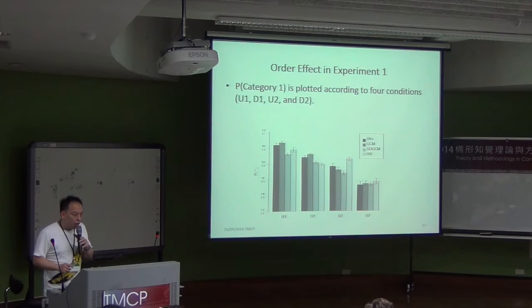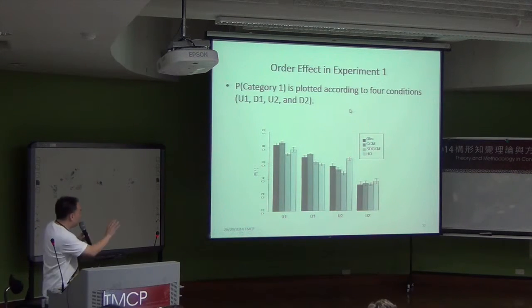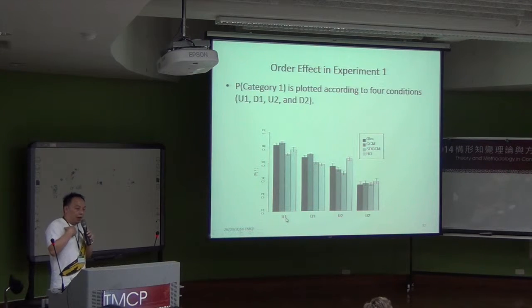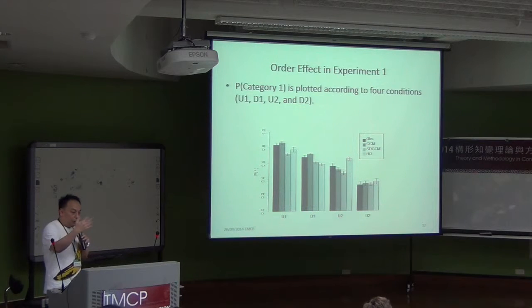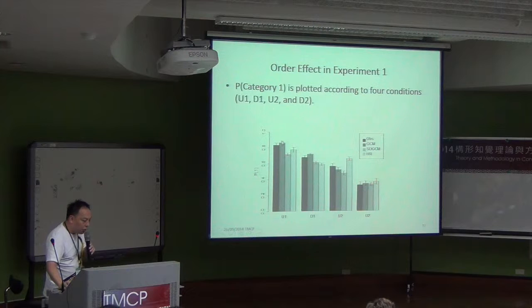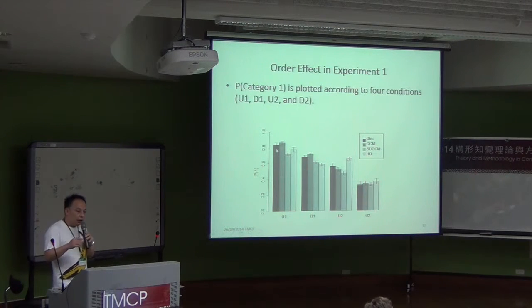And here comes the order effect. We can see that when the preceding category is from category 1, and the current stimulus value is larger than the previous one, which means I'm going up, then people tend to predict this item as category 1 in experiment 1, because the category structure keeps going up.